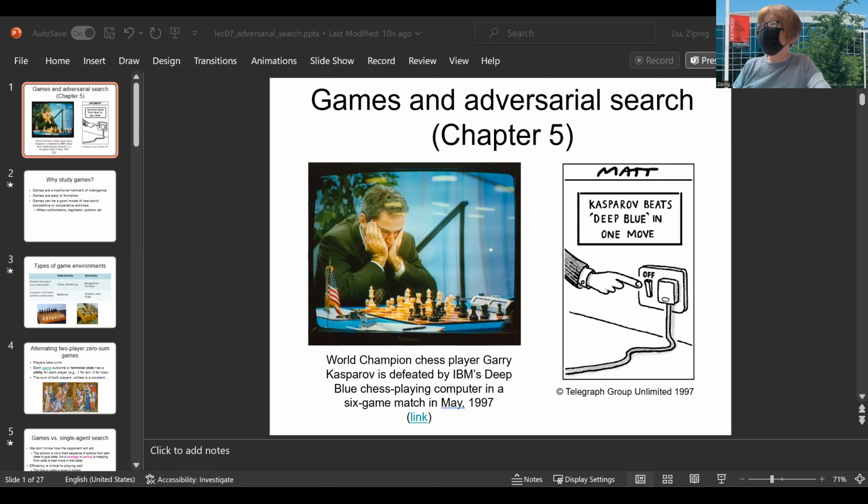Time to make a move is limited. Branching factor, search depth, and number of terminal configurations are huge. So that's why efficiency is critical in this case. You don't want the game to take forever.